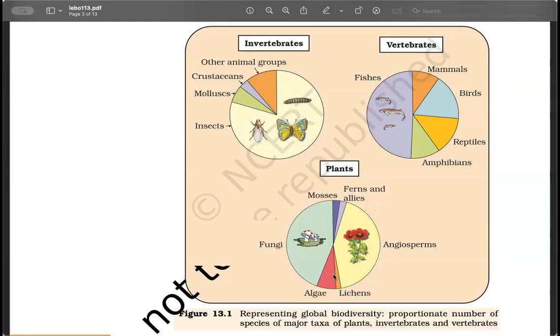Lichens also truly are not plants, right? They are a symbiotic relationship between algae and fungi. But why are they so few? Why don't they have species diversity like others? Parker?